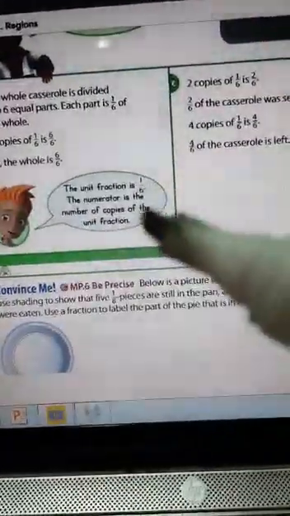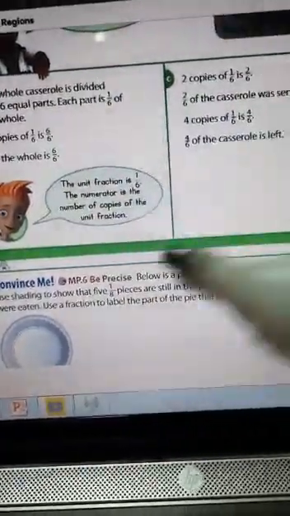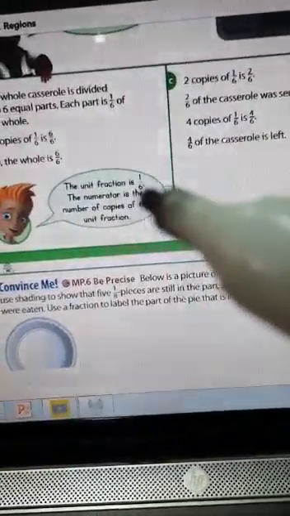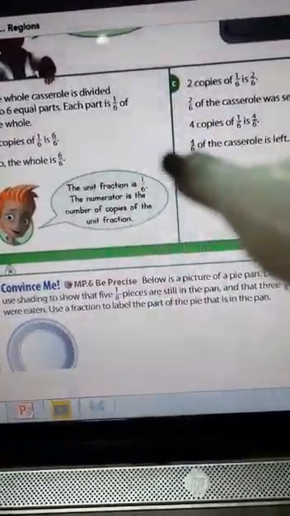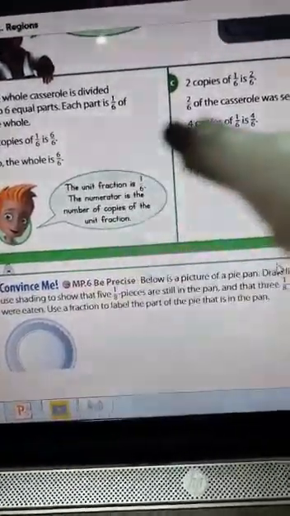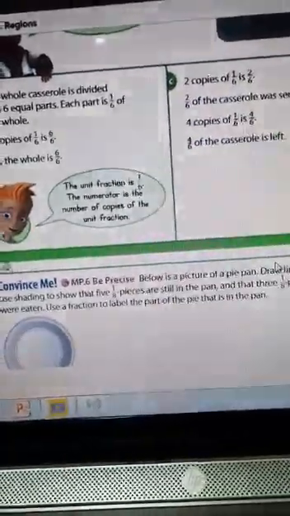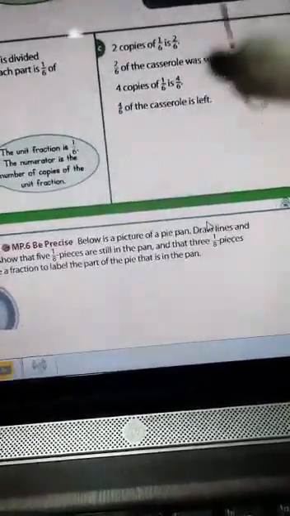Now, the unit fraction is 1 of 6. Unit means one part. Unit fraction is 1 of 6. The numerator is the number of copies of the unit fraction, which is up. Okay? Now, it tells us that 1 of 6 is 1 unit. The whole is 6 of 6. Now, here, 2 copies of 1 of 6 is 2 of 6.